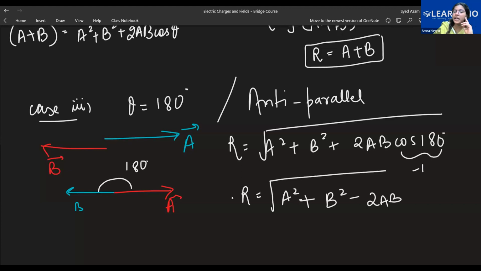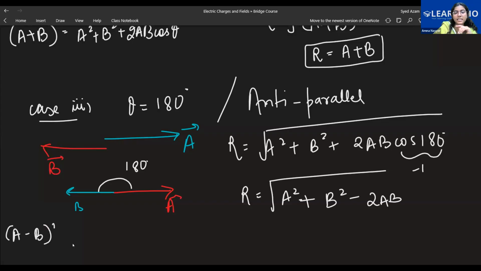Can you identify any identity here, any one of you? Any identity within the root? A minus b whole square.